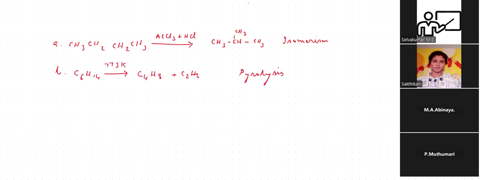Option C, methane plus oxygen giving on heating carbon dioxide and water. The name given is controlled oxidation.